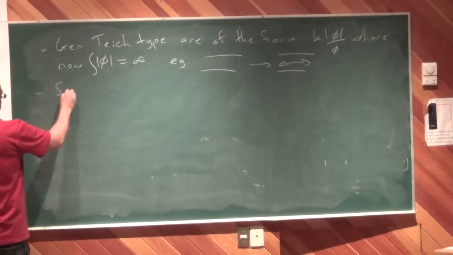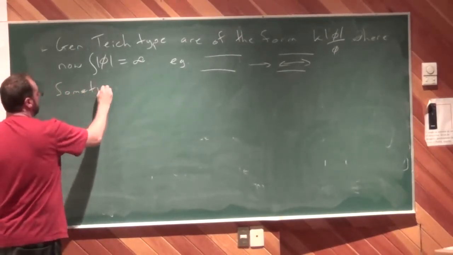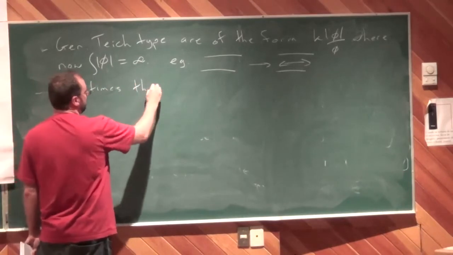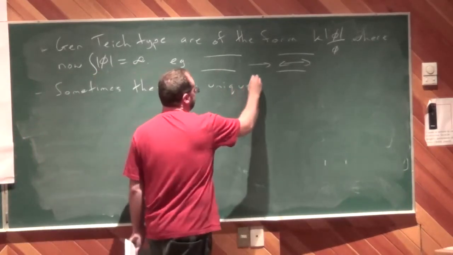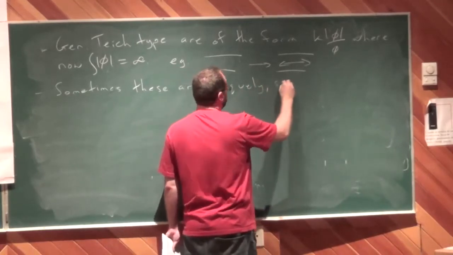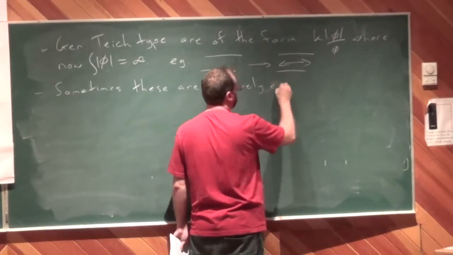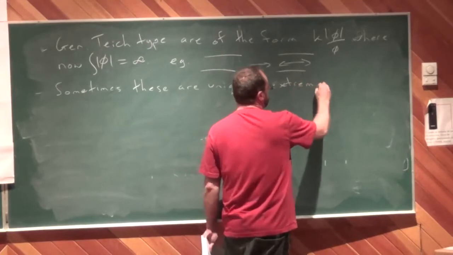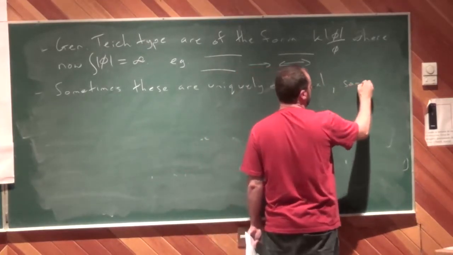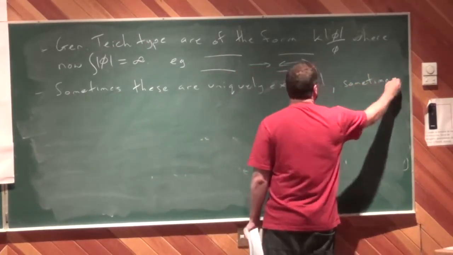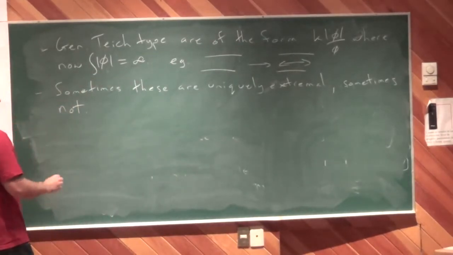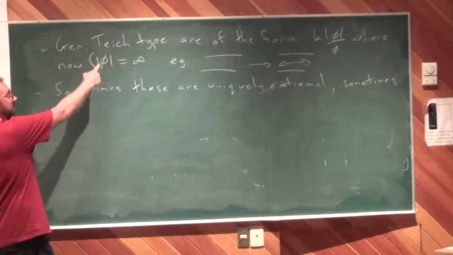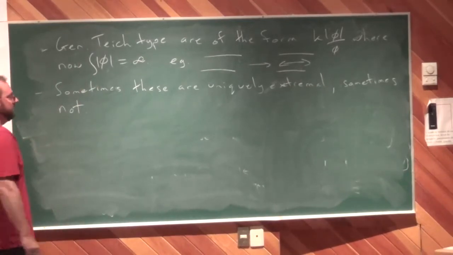So sometimes these are uniquely extremal. Sometimes not. There are conditions which tell you when a generalized Teichmüller type map is unique.